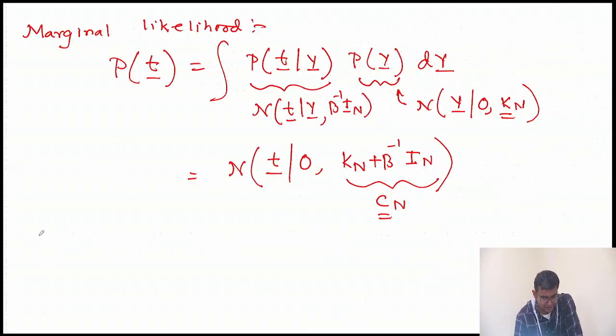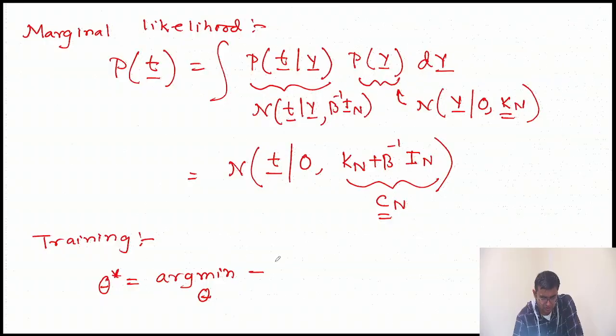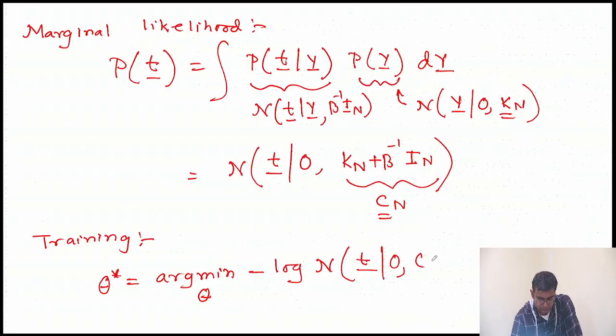How do we find out these hyperparameters? By maximizing this marginal likelihood. So training actually is theta star equal to arg min over theta of minus log of the Gaussian, the negative log likelihood.